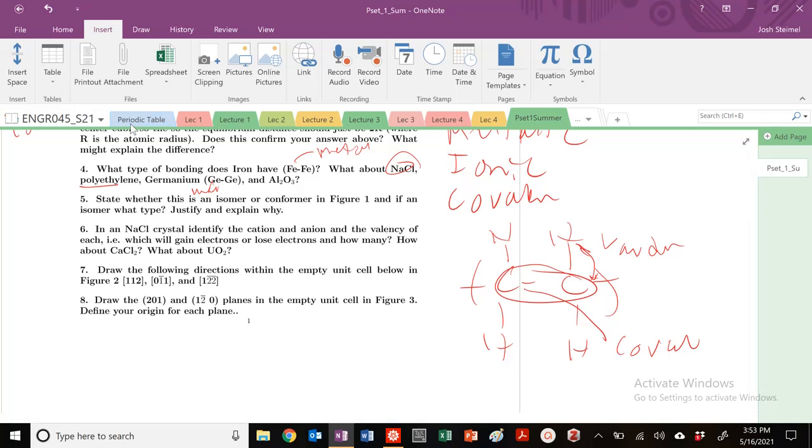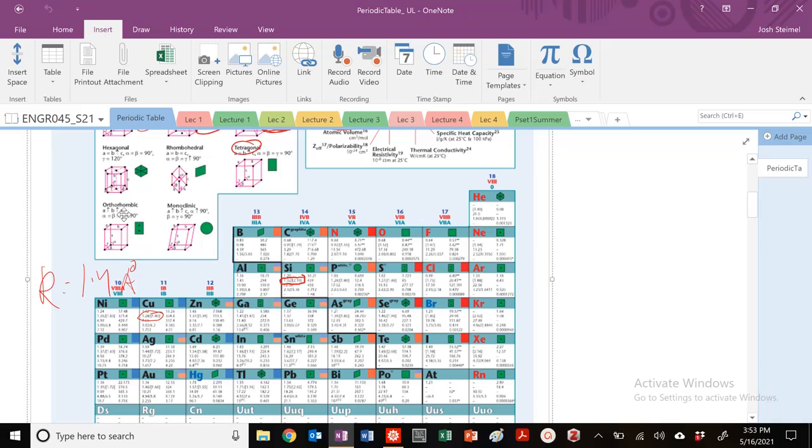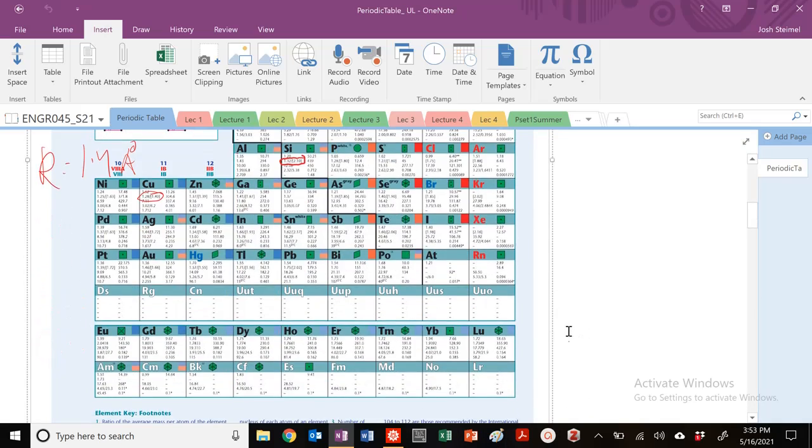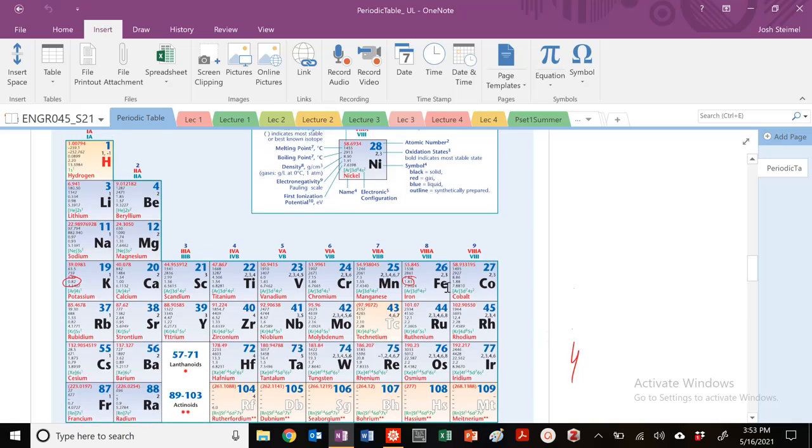What about NaCl? Let's look at the difference. Remember, we said that if the electronegativity difference is greater than 1.7, then that is ionic bonding. So let's look at our electronegativity. Electronegativity, again, is the second one right above the electron configuration. So Na has an electronegativity of, actually, sorry, that's the second one. So the one up of 1.91. So our Na is 0.93.